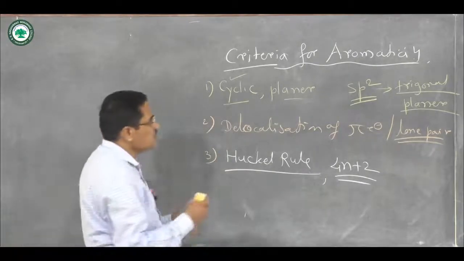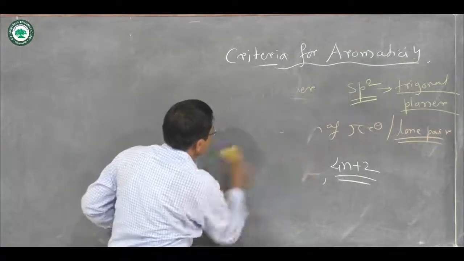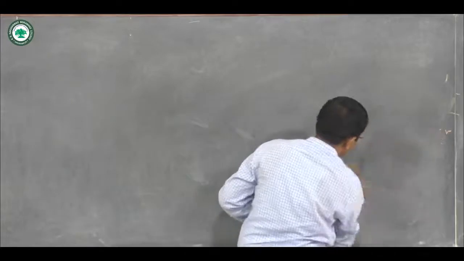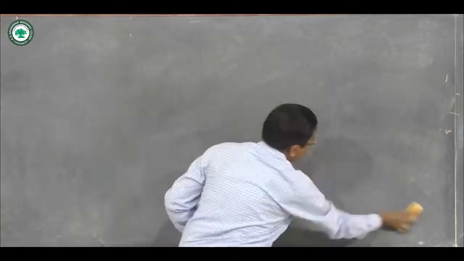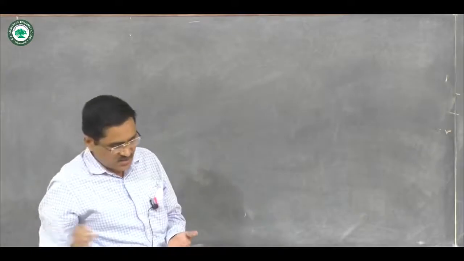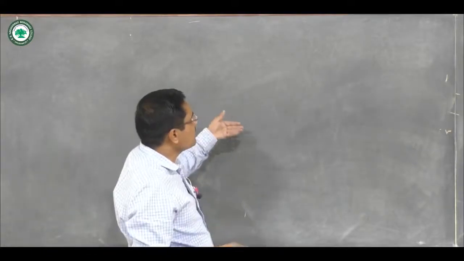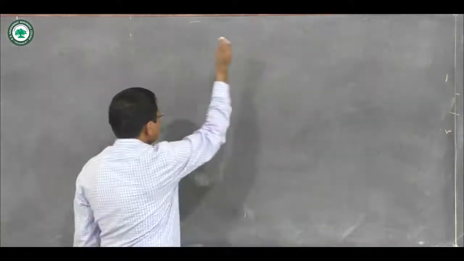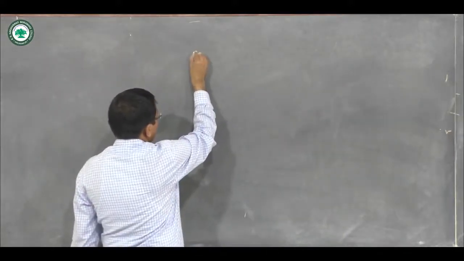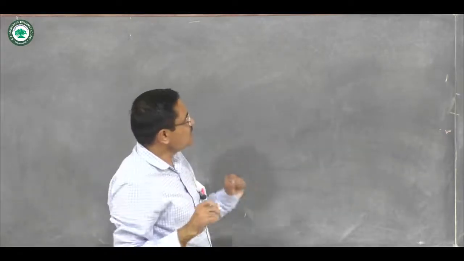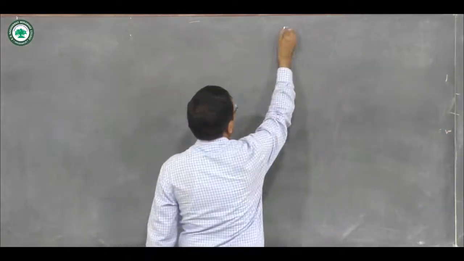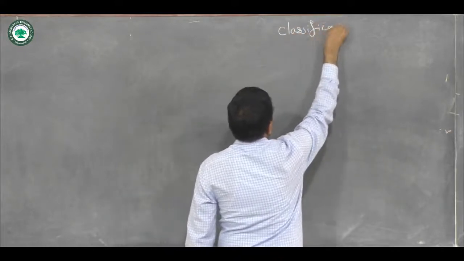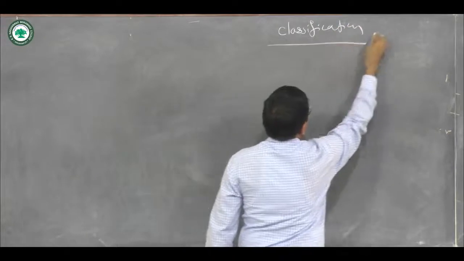Now we will discuss some examples which follow this criteria, and we can judge whether these compounds are aromatic or non-aromatic. First, before starting this, we will see the classification of aromatic compound.